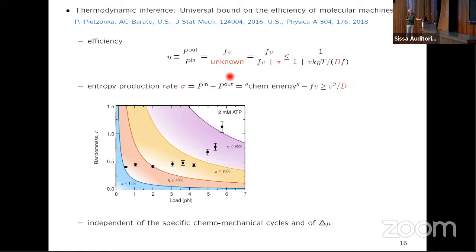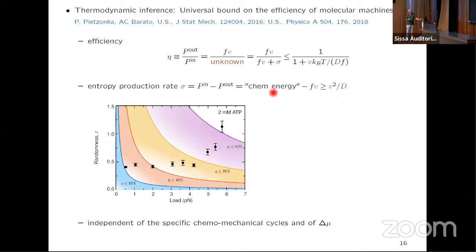So we can replace the unknown input by the output plus the entropy production. And for the entropy production, we have this inequality through the velocity and the dispersion. So you see now on the right-hand side, there are only experimentally known or measurable quantities. On the left-hand side, there is the thermodynamic efficiency.